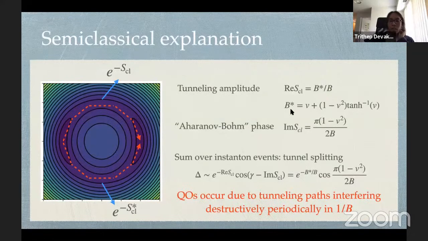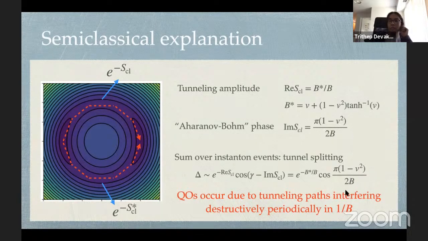And plugging in what we computed, you get this. So the gap is exponentially small in 1 over B. So as you go to small field, the oscillation magnitude becomes smaller exponentially. But also there's a cosine here.